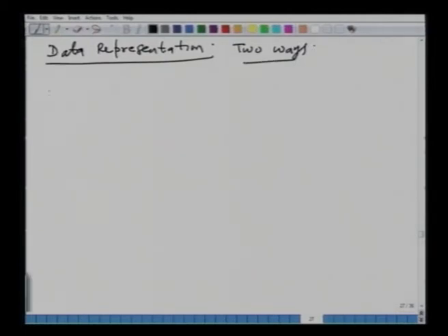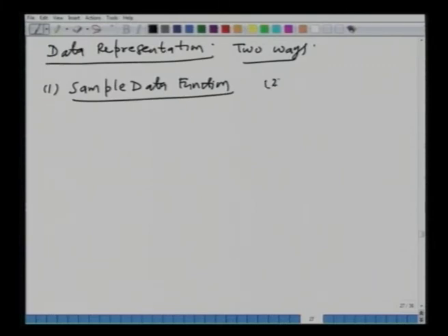These are called sample data representation or function, and the other one is the pulse data representation or function.